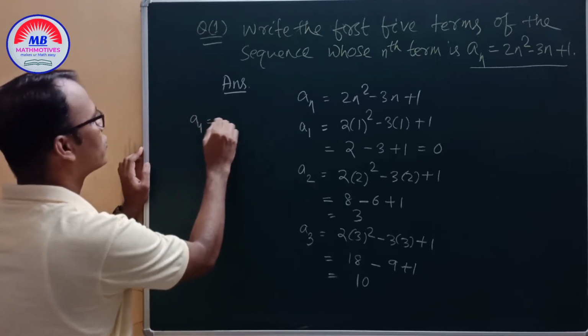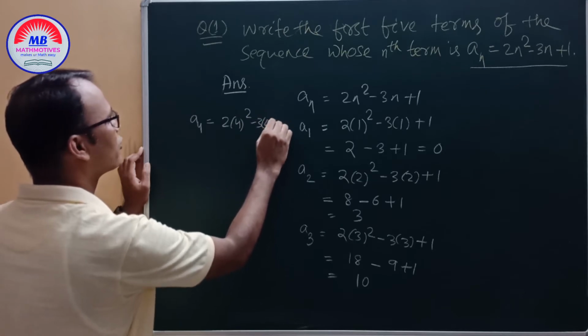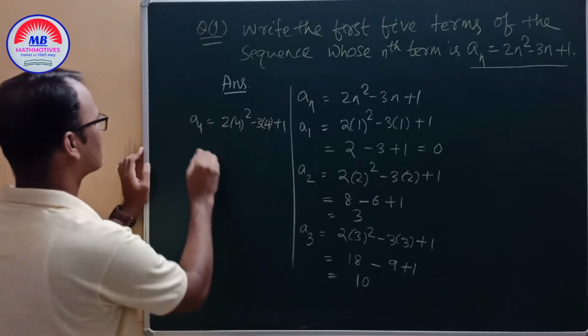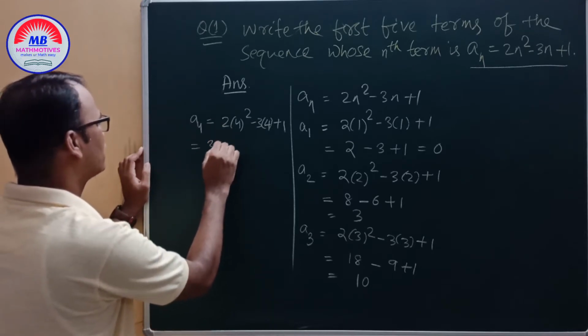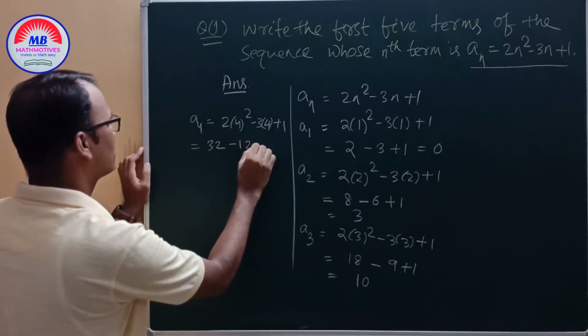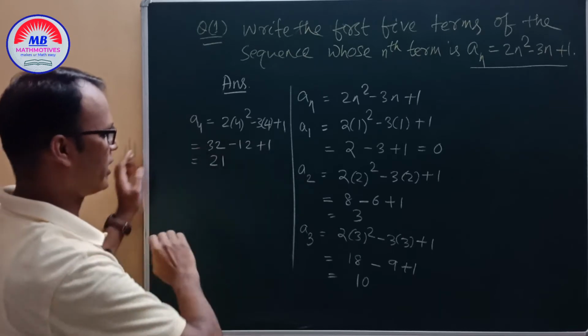Then a4 equal to 2 into 4 square minus 3 into 4 plus 1, that is equal to 32 minus 12 plus 1, that is equal to 20 plus 1, 21.